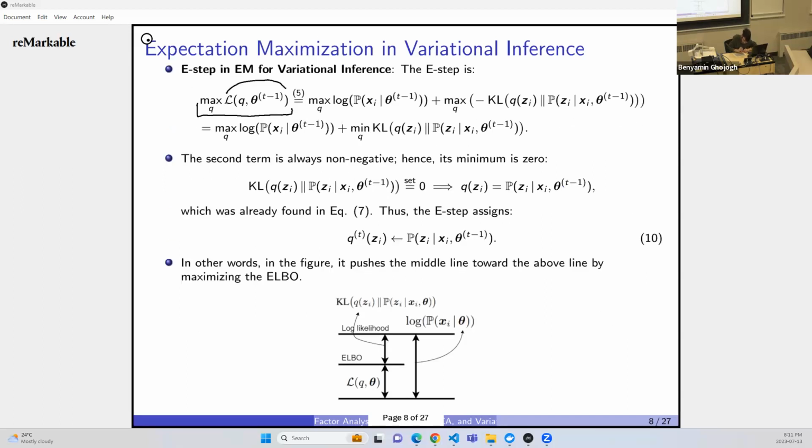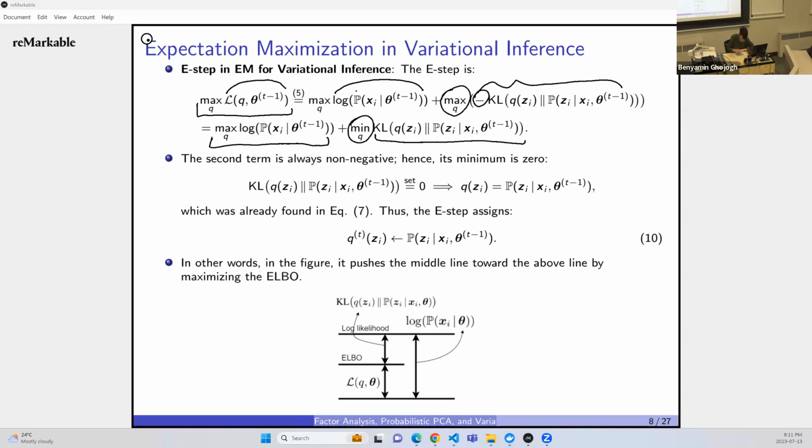So I'm replacing the ELBO with the logarithm of this minus KL, just putting equation 5 rather than the ELBO. Then what happens? I'm repeating the first term. The second term, I have maximization of minus something. It's equivalent to minimization of that thing, so I'm minimizing this KL divergence.